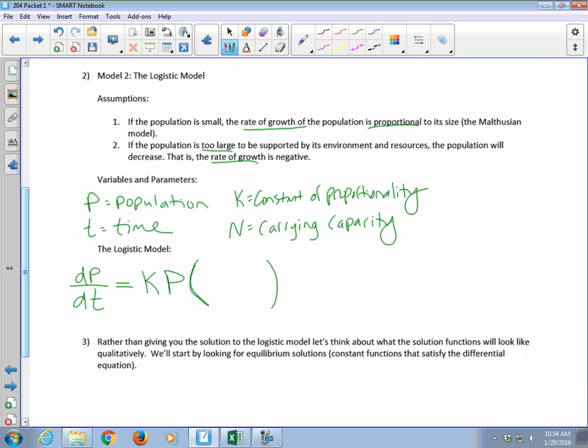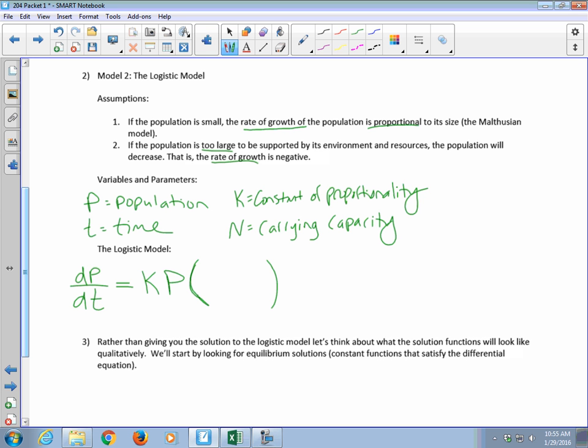I want it to be close to 1 if P is small. Okay, because if P is small, we're just going to use the Malthusian model, right? When P is small, it's just the population's growth rate is proportional to the population size. So I'd like this thing in parentheses here. I want it to be close to 1 if P is small. I want it to be close to 0 if P is close to N, right?